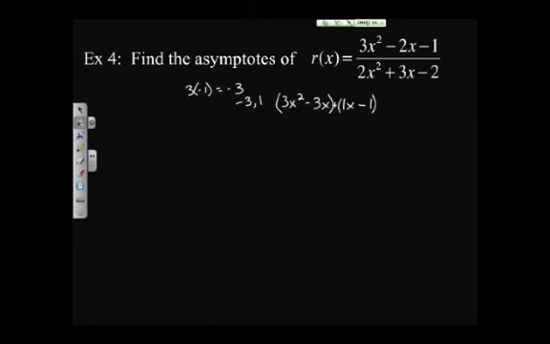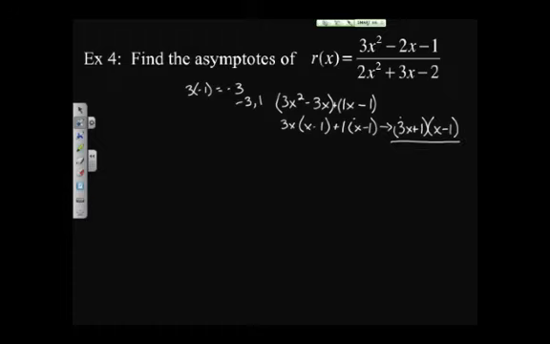So we can take out a 3x from the first group, and we have x minus 1 left over. We can only take out a 1 from this one. We have x minus 1, so our factors are, for the top, 3x plus 1 times x minus 1.